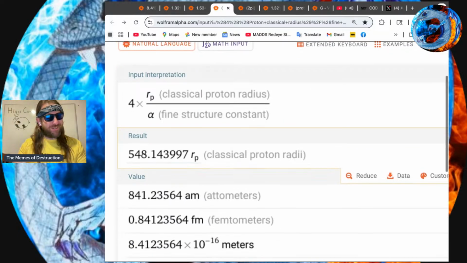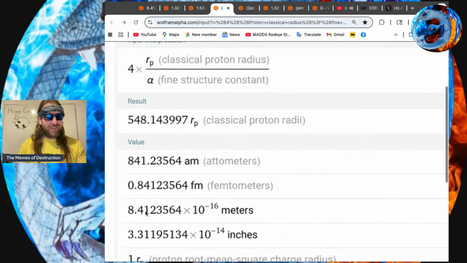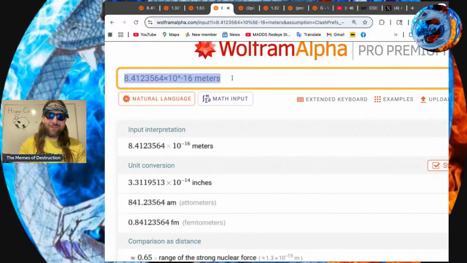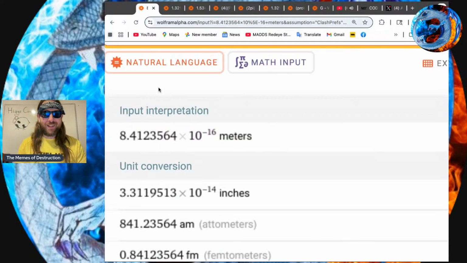I need help, though. So basically, we get our proton root mean square charge radius. So that's our calculated value via this whole crazy classical proton radius thing that some folks just like to ignore, but Wolfram Alpha happens to have it listed. Thank you, Team Wolfram.